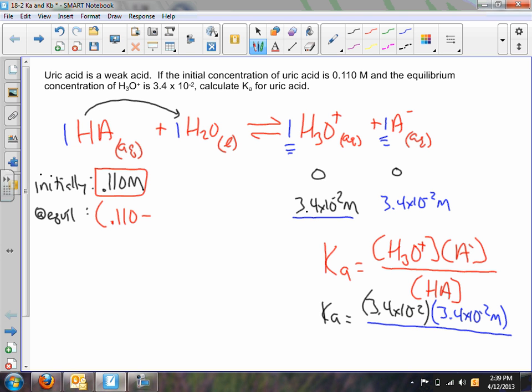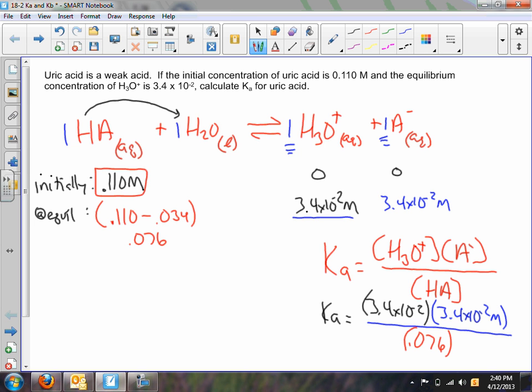Well, every time one of these split apart, I got one hydronium. So if I got 3.4 times 10 to the negative 2, that's how much hydronium, 0.034, must have split apart. When you take your 0.11 minus the 0.034, you end up with 0.076 left at equilibrium. So that goes down here, 0.076.